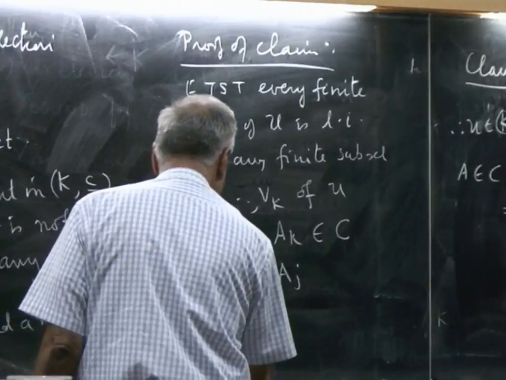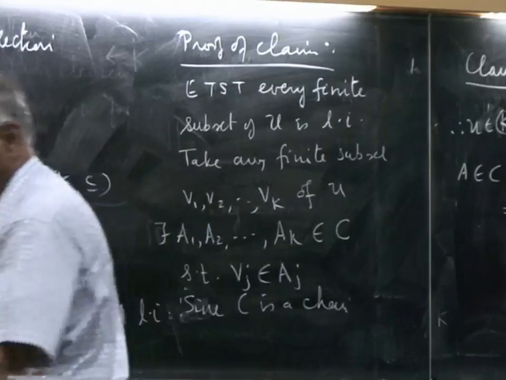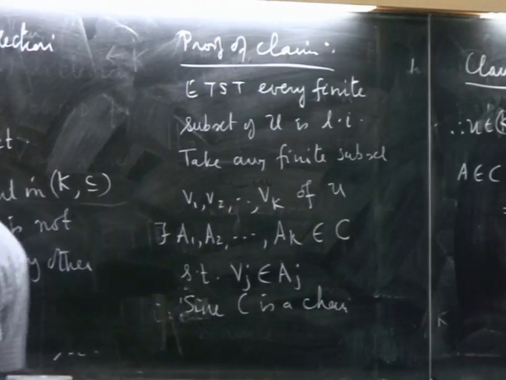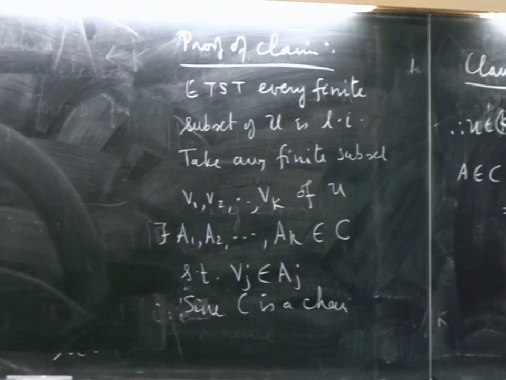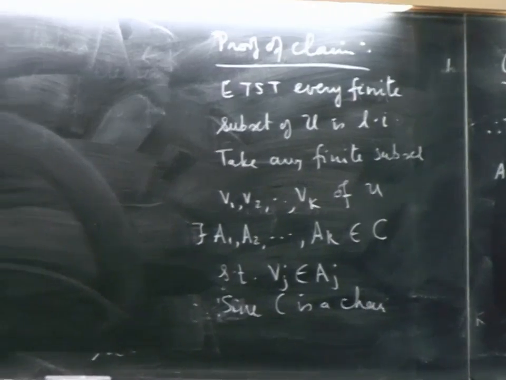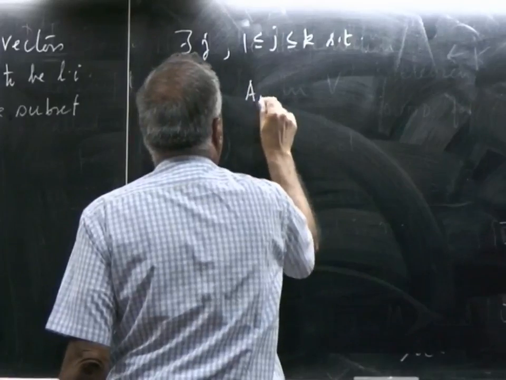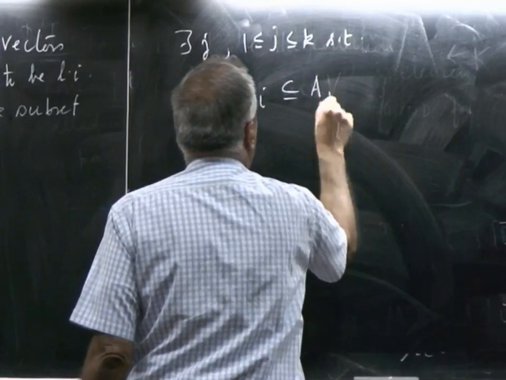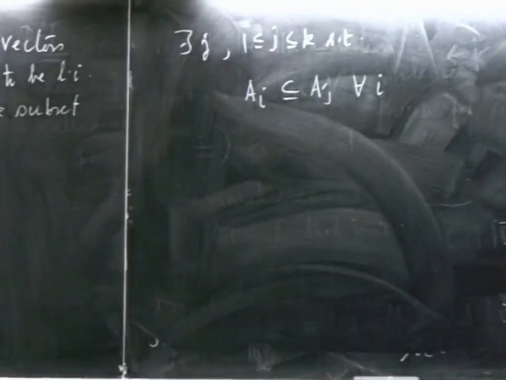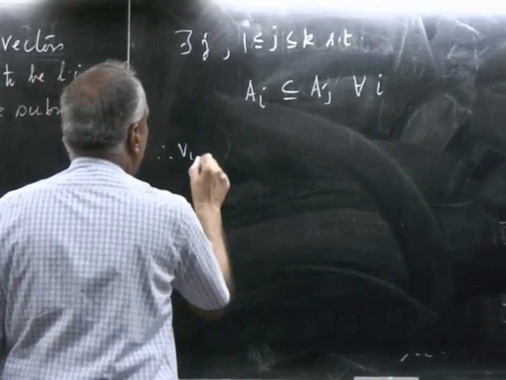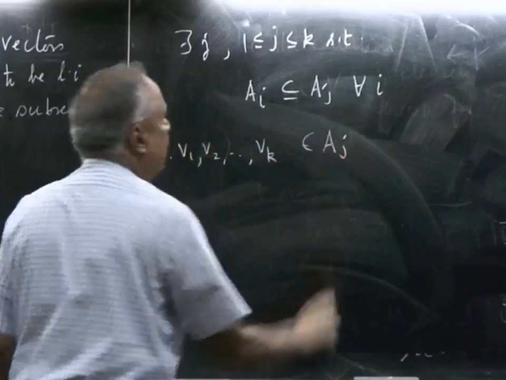Since C is a chain and there are only a finite number of them, there exists j such that Ai is contained in Aj for every i. And therefore v1, v2, ..., vk are all now in Aj.